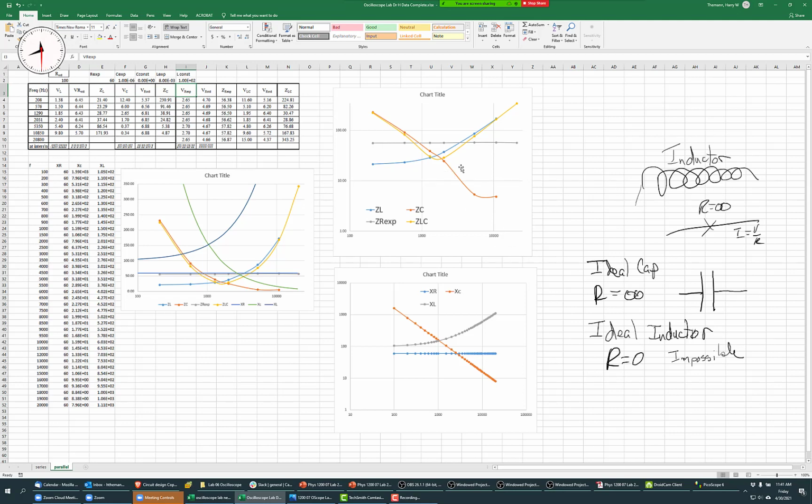But even so, you notice that the capacitor and the inductor, the real ones, tend to be straight lines in the log-log plot. And it's an interesting feature of these things that the slope of an inductor is +1 and the slope of a capacitor is -1. It's always true.